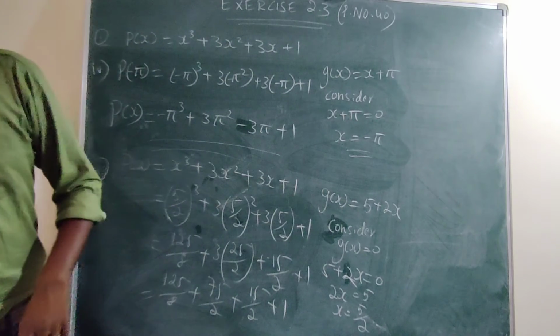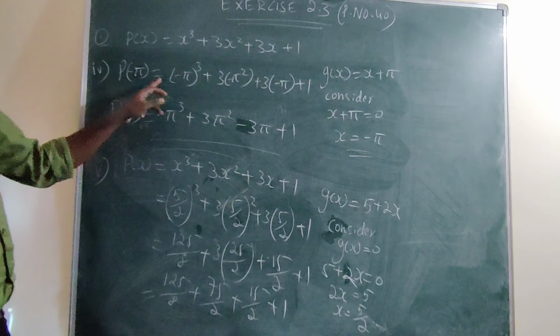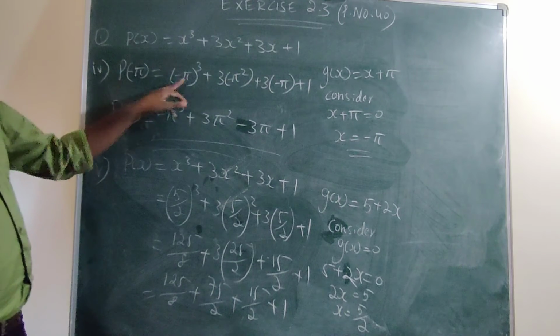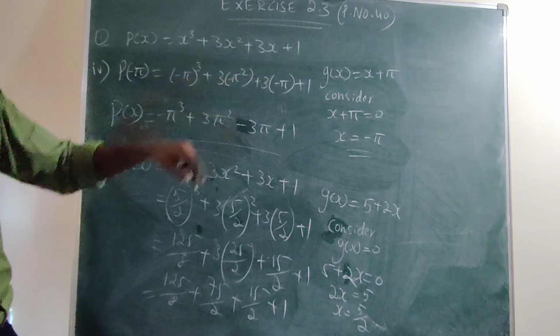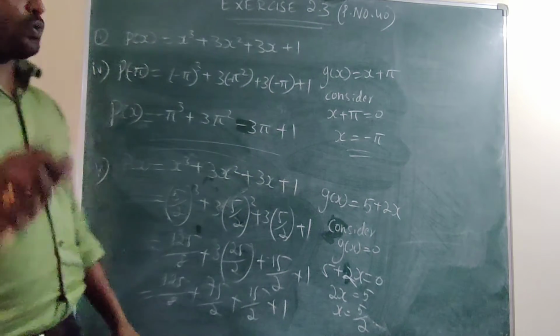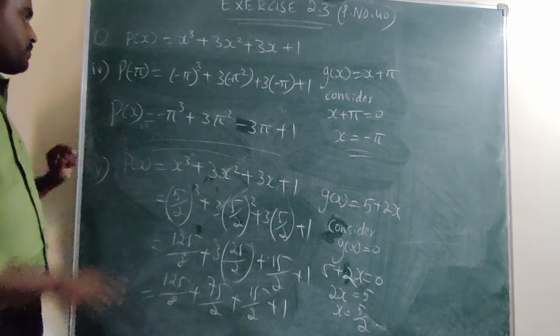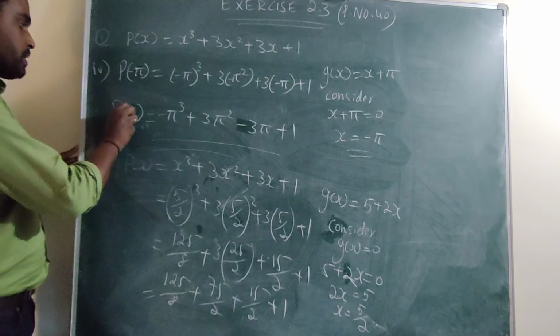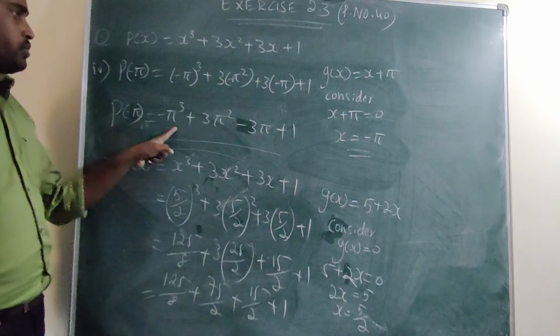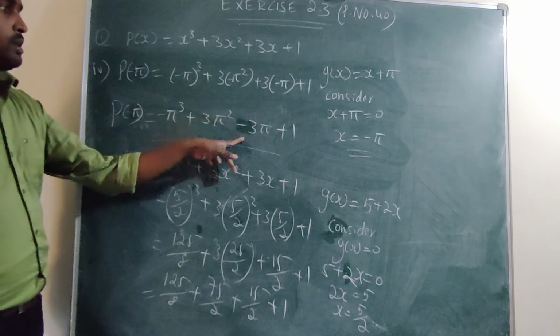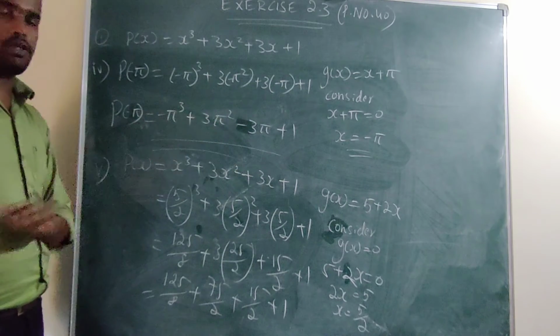X is equal to minus pi: minus pi cube plus 3 into minus pi square plus 3 into minus pi plus 1. Next, p of minus pi, you should write here, students. Okay. Next, minus pi cube plus 3 pi square minus 3 pi plus 1. This is nothing but your answer.